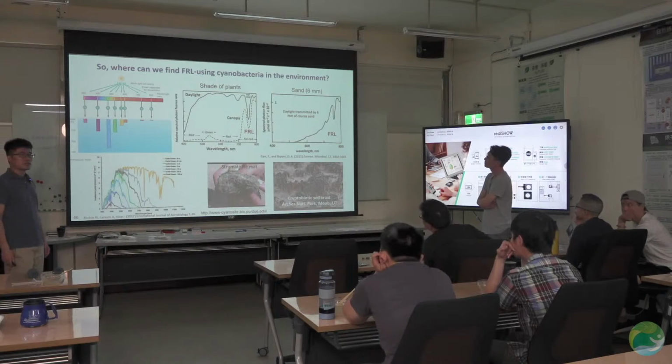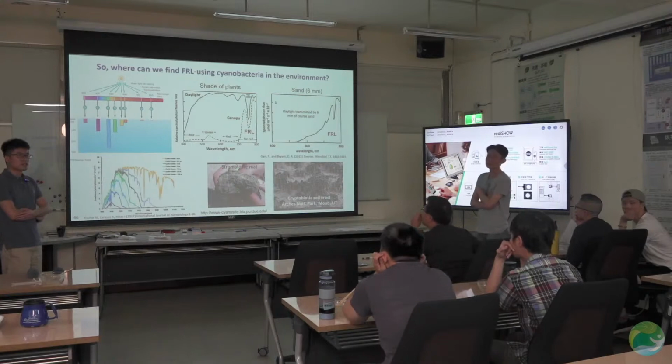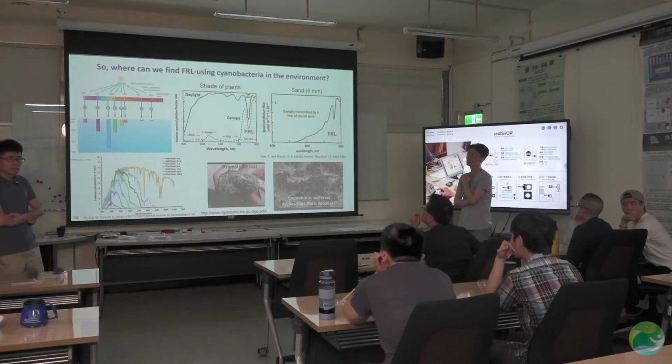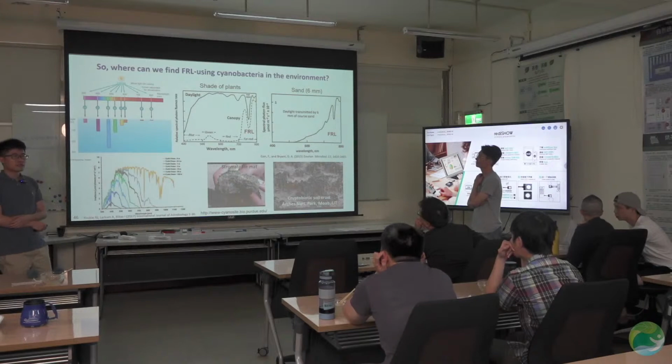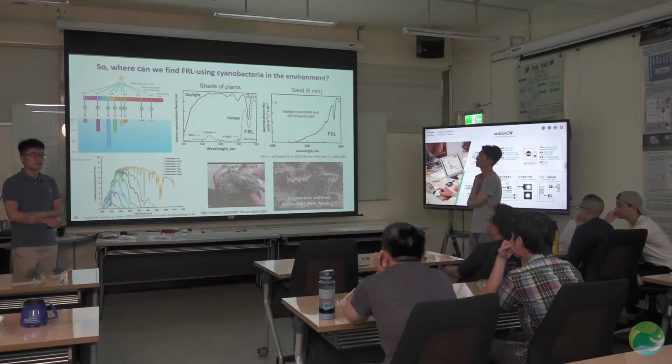Plants just don't absorb that, but those bacteria can absorb it and utilize it. And when they do photosynthesis, they release oxygen.